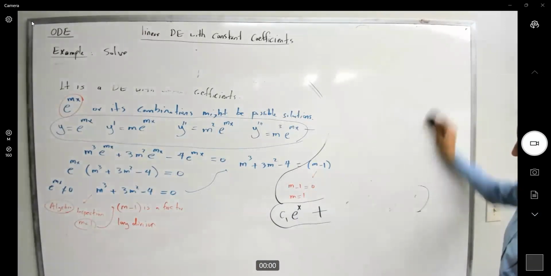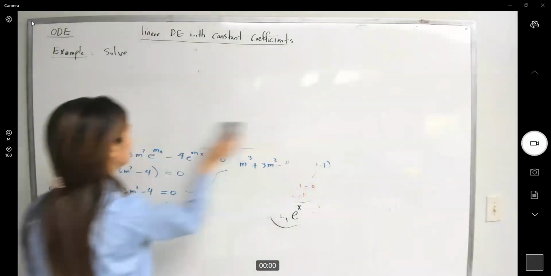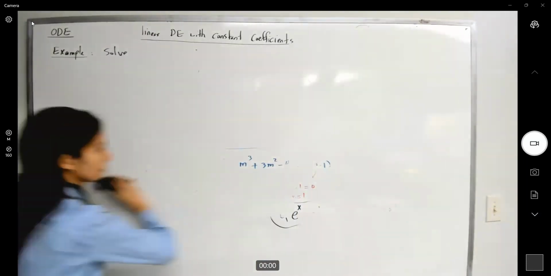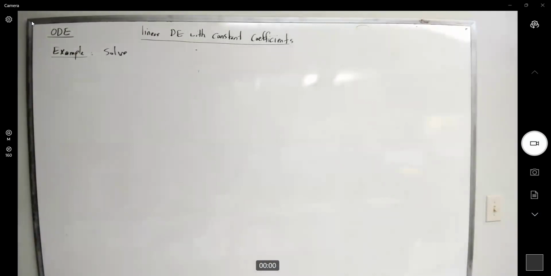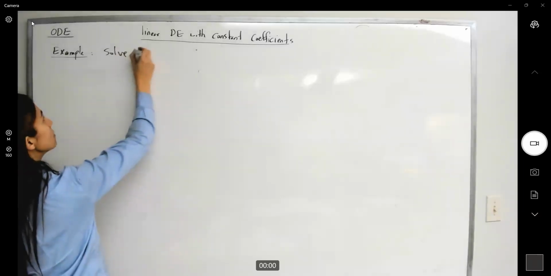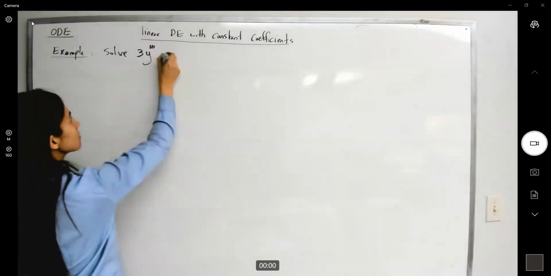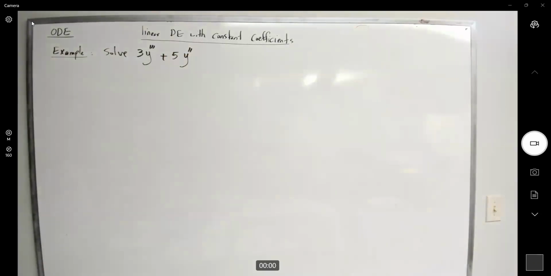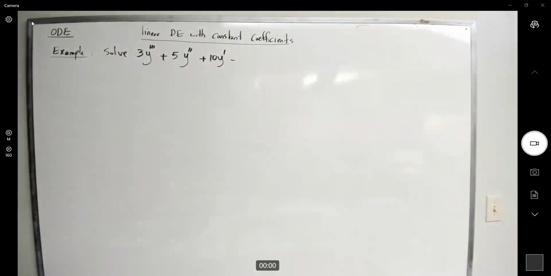The question says, solve this: 3 times the third derivative of y plus 5 times the second derivative of y plus 10y prime minus 4y equal to 0.